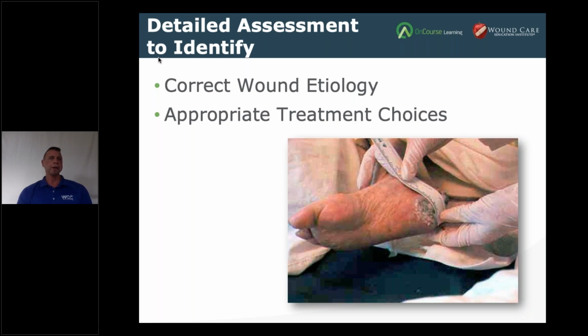If we can't answer a good rationale for why we're doing something, we shouldn't probably be doing it. The second thing we should look at is, is there any evidence to support why we're doing this treatment? Okay? Doing treatments that have no evidence literally end up just being a big, large waste of time and money.